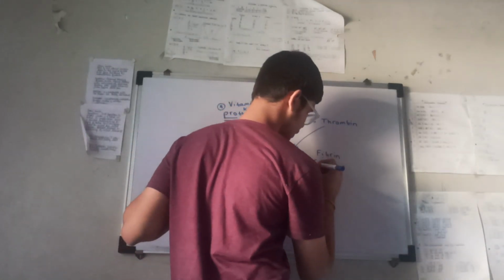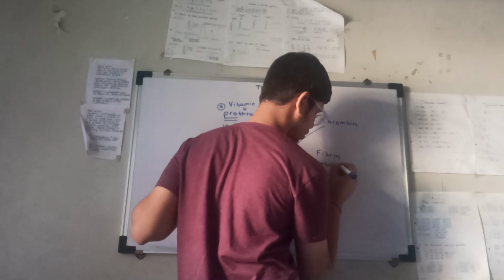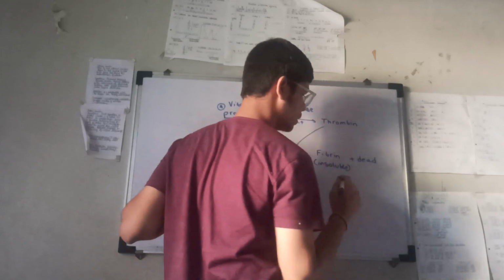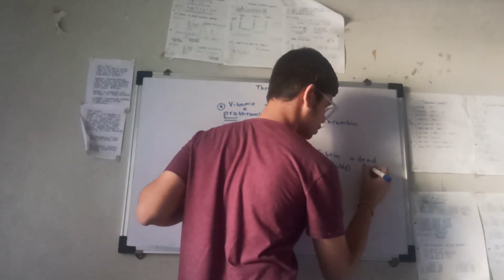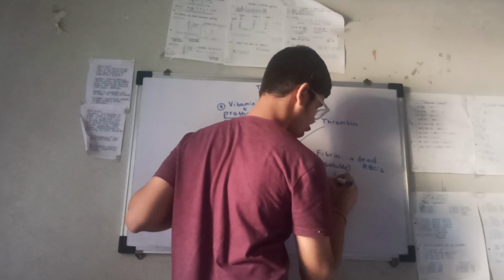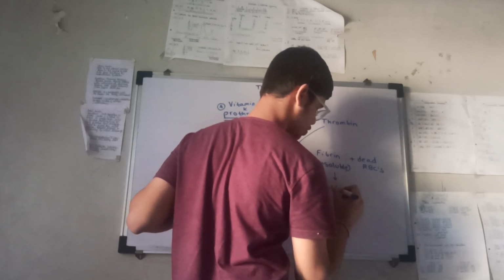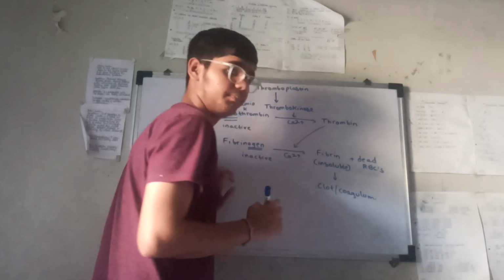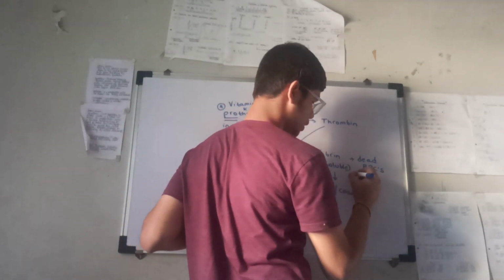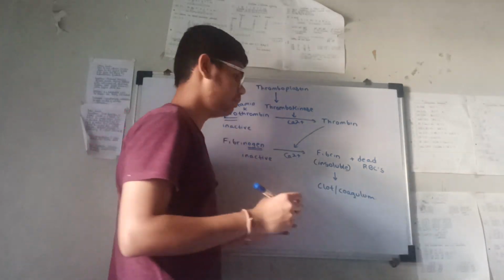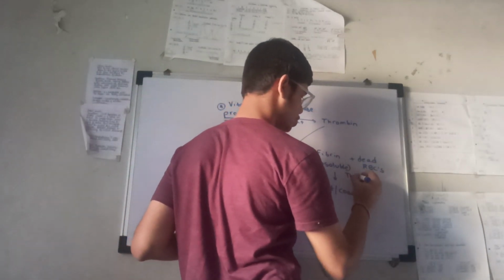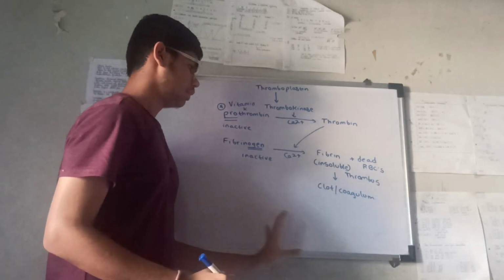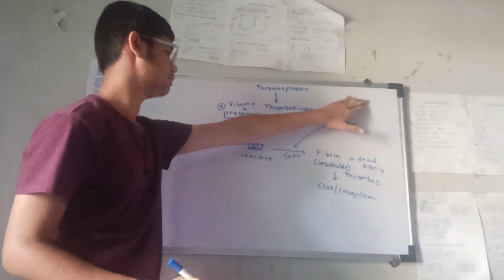Fibrin, which is insoluble, plus some of the dead RBCs form the clot, or it is also called coagulum, or you can see in some of the ICSE books that it may be written as thrombus. That is also correct. So you can see that such reactions are taking place.